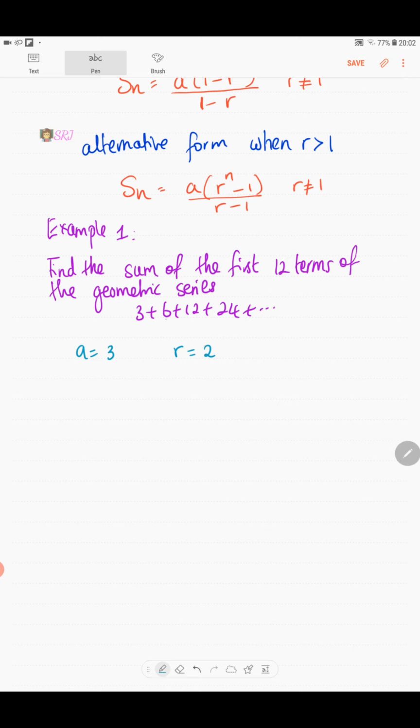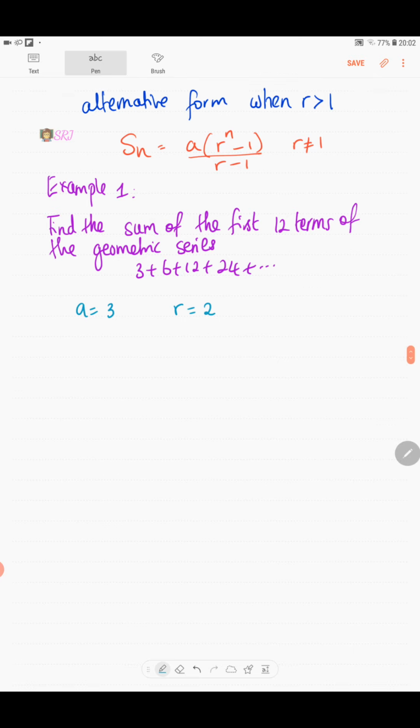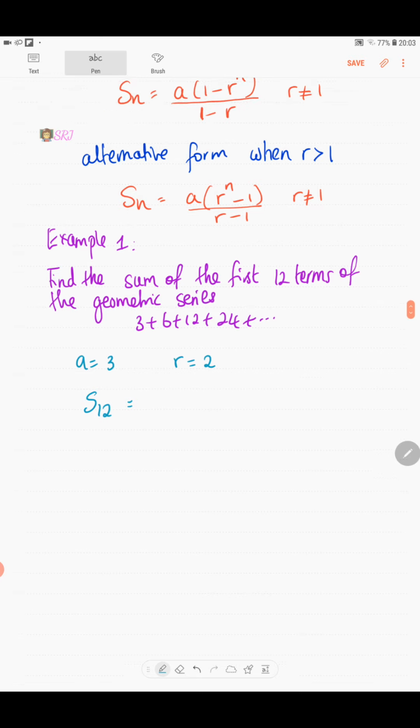Each time we are multiplying the term by 2. And we have to find the sum of the first 12 terms, that is S12. So here R is equal to 2. R is greater than 1. So it is easier to use the second formula.